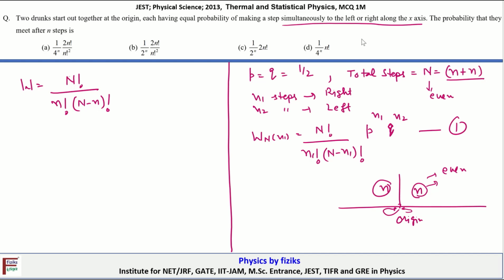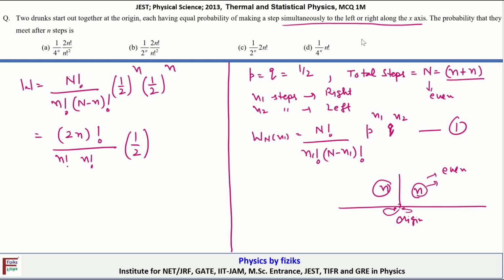So p here is 1 by 2, that is 1 by 2 power n1, which is n, and then q, which is again 1 by 2 power N minus n1, which is 2n minus n, so that is again small n. Okay, and this can be rewritten as 2n factorial divided by n factorial, and n minus n is again n factorial. Okay, and then 1 by 2 power n plus n, that is 2n.